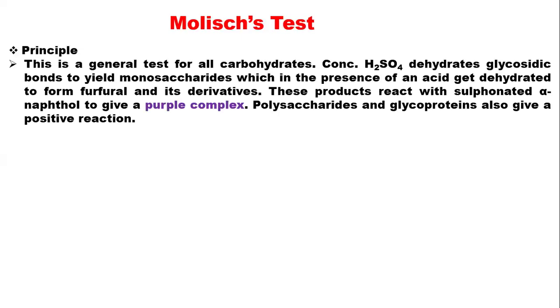So for Molisch test, that is the principle now we are trying to explain. If you have a carbohydrate solution, it's treated with concentrated sulfuric acid. So the dehydrating agent here is concentrated sulfuric acid, H2SO4, that is tetraoxosulfate(VI) acid.